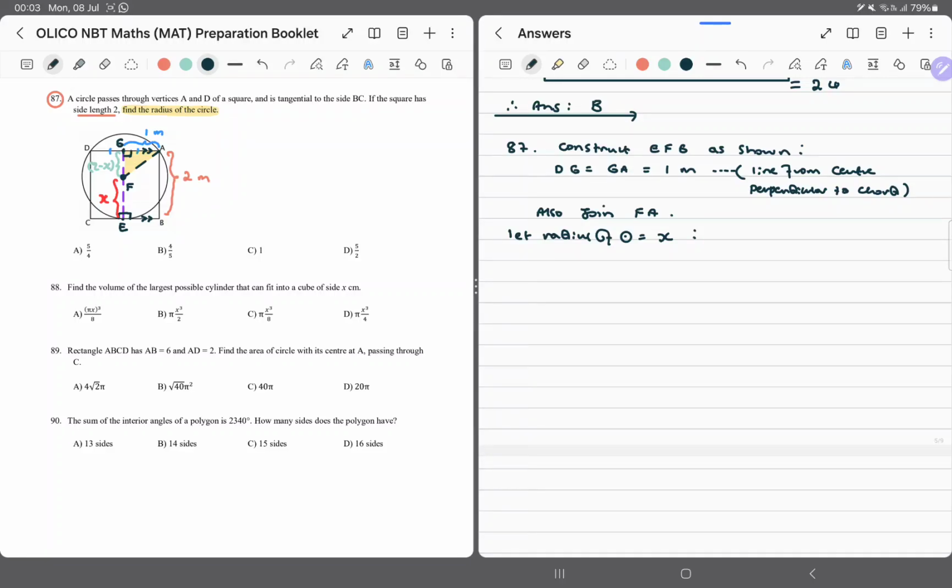Now once we do that, we can focus on the triangle. In triangle AFG, what are we going to say? It's obviously a right-angled triangle.